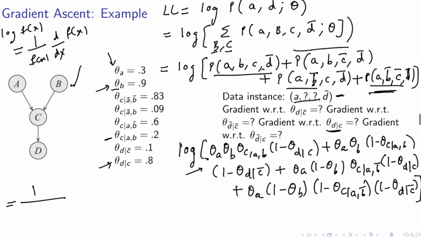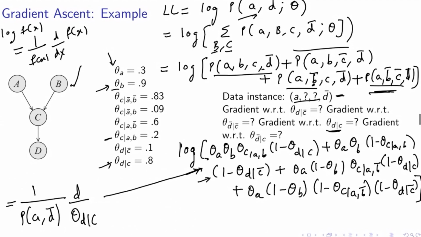So the derivative of the log of the whole expression is nothing but 1 divided by the expression, and actually the expression is equal to p of a comma d bar, right? So I'm going to write p of a comma d bar times the derivative of this expression inside the brackets with respect to theta of d given c.